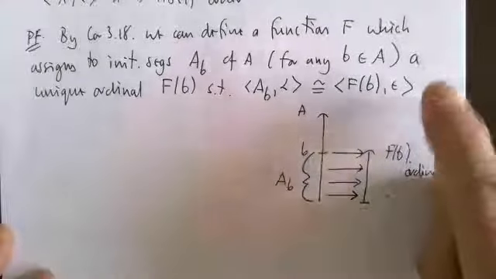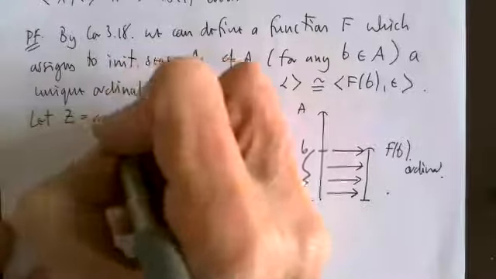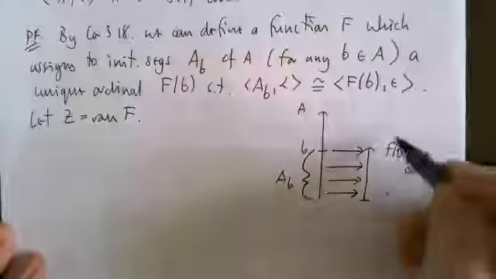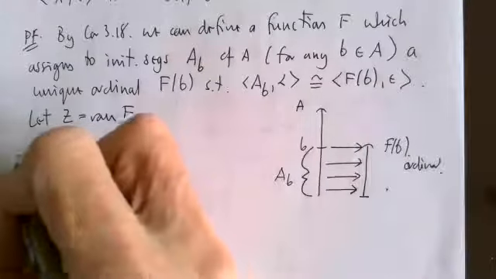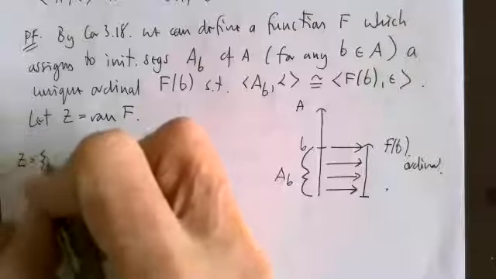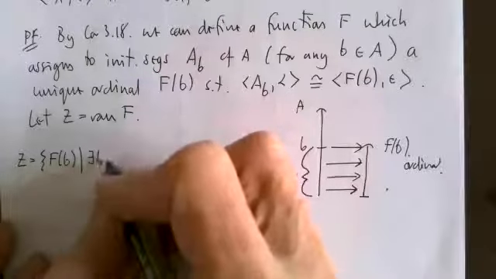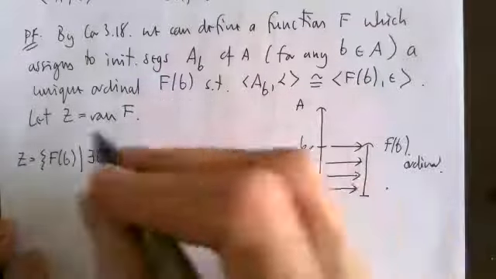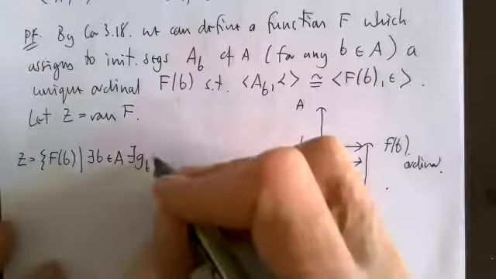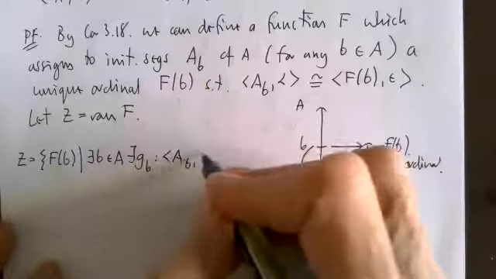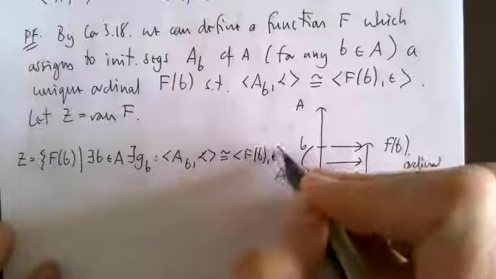So we're going to take, in the notes, I said let Z be the range of f. So that just means the collection of these f of B's. To spell it out, Z is the collection of f of B's such that there's a B in A, and there is an isomorphism, GB, which goes from AB isomorphically to f of B with epsilon.